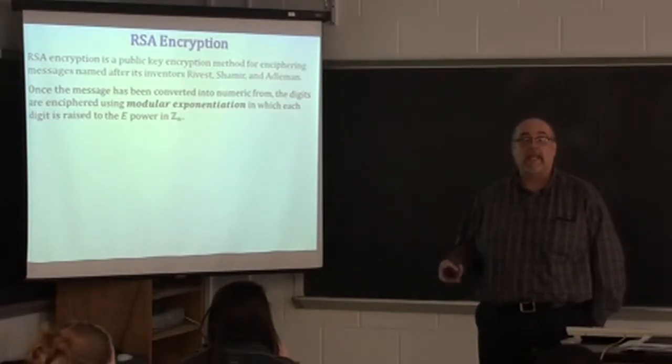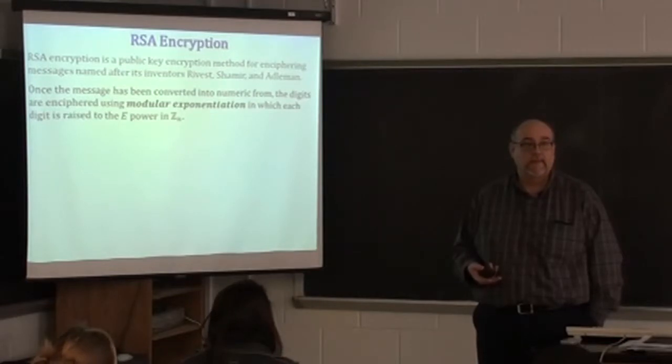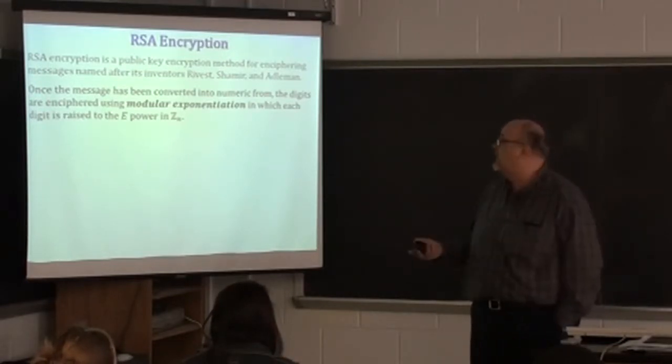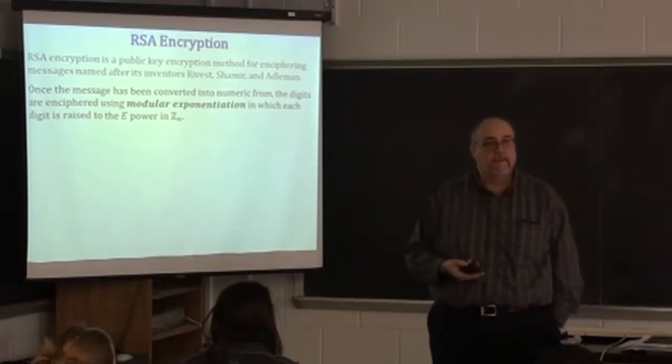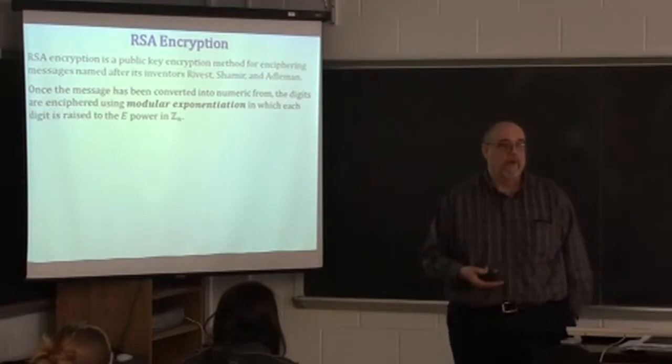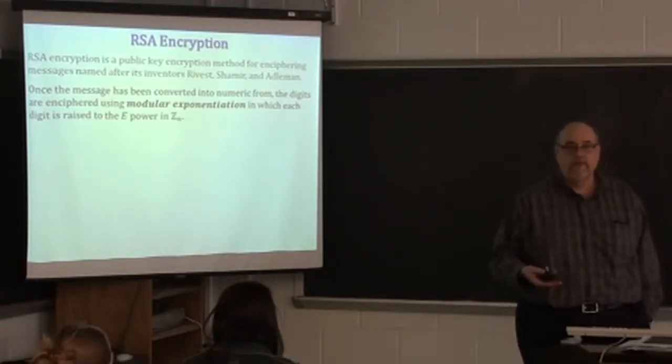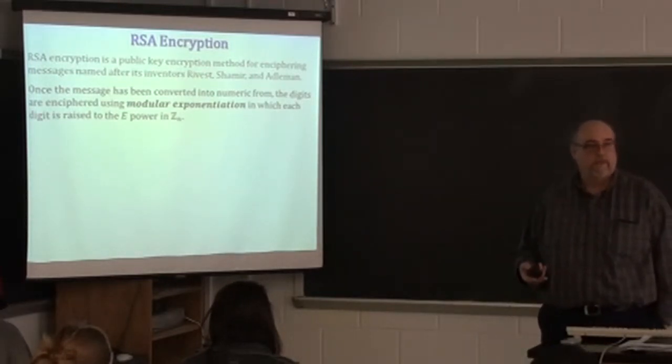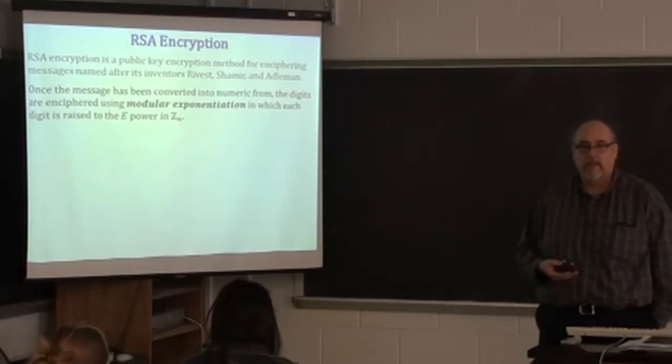No, mod n. We divide out n. What are we left with? Remainders. And the remainders can be what? Up to n minus 1. So 0, 1, 2, through n minus 1. Okay?